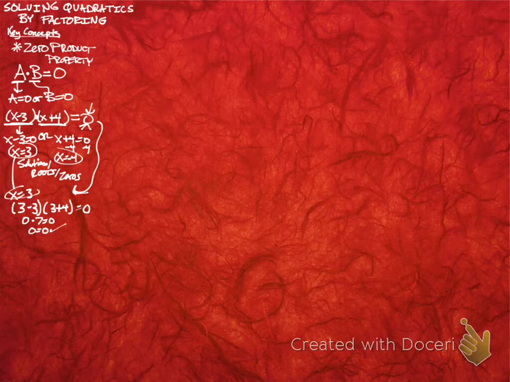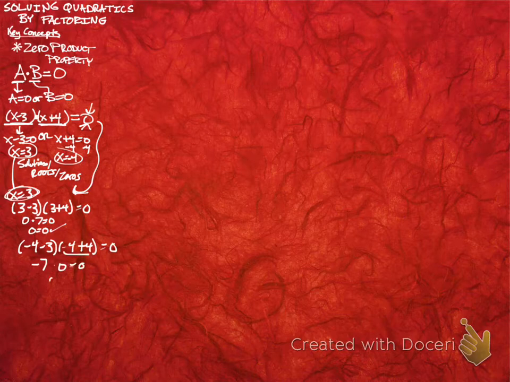So therefore 3 works. In a similar fashion, negative 4 works, because if you put a negative 4 in for x, the first binomial turns into negative 7, but this one becomes 0, and of course 0 equals 0 is true. So that's why x equals negative 4 is also a solution.